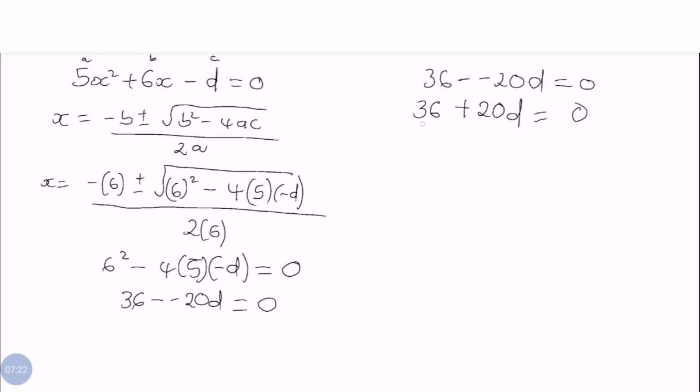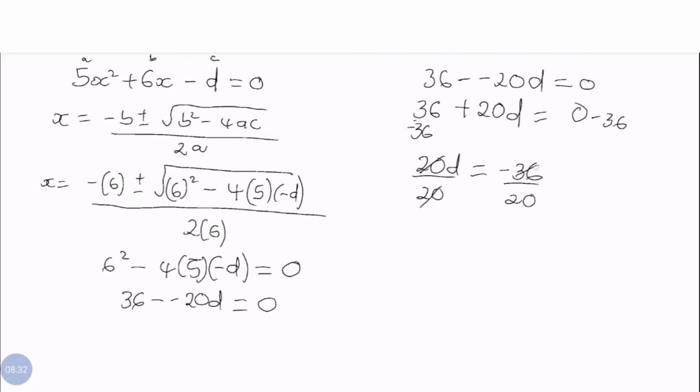Now let us solve for d. We'll take the 36 to the other side by subtracting 36 on both sides. So we'll have 20d equal to negative 36. Divide by 20 on both sides.